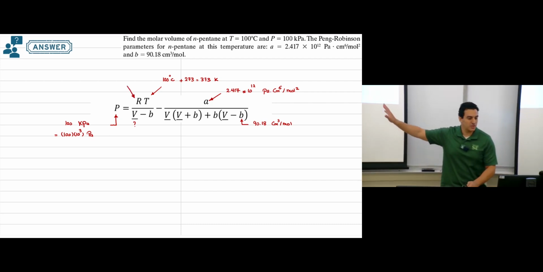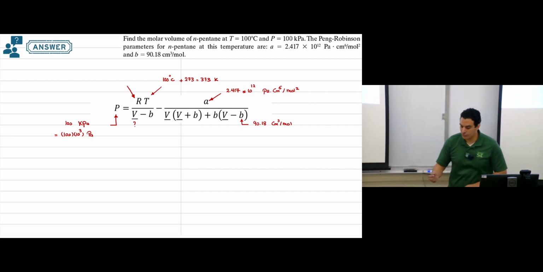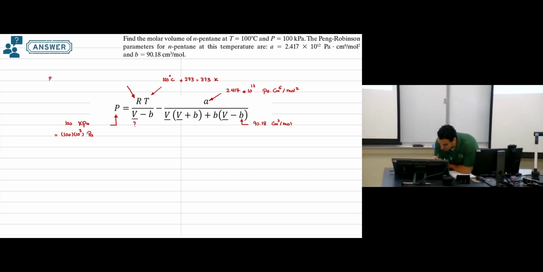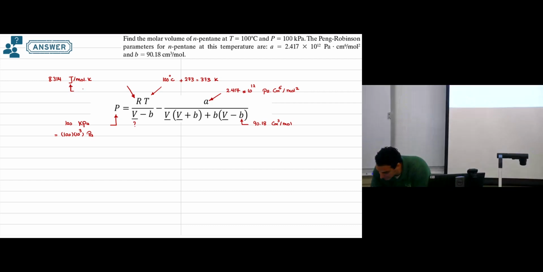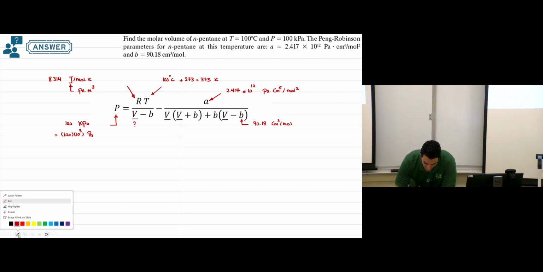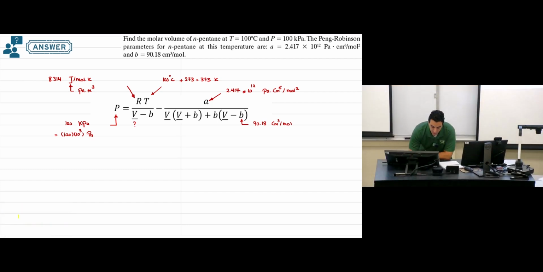If you remember, we have a slide that explained the different values of R. One of them is 8.314 joule per mole Kelvin. And joule is Pascal meter cube. But again, we need to check the consistency of the units we have.